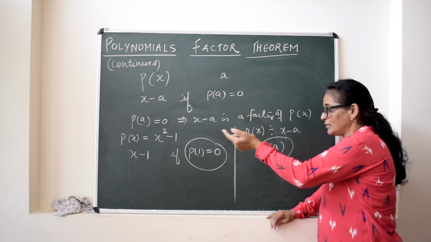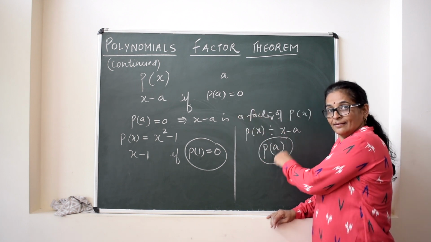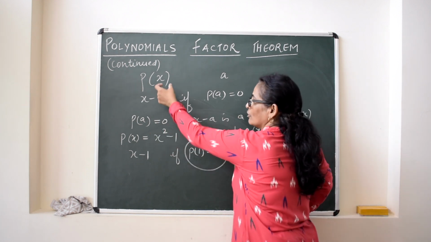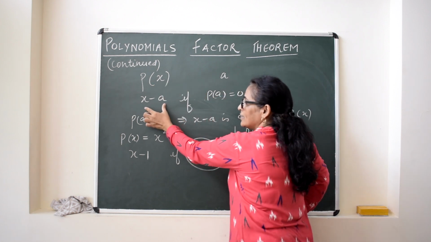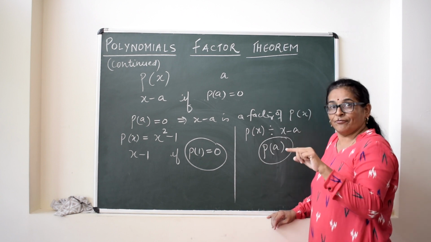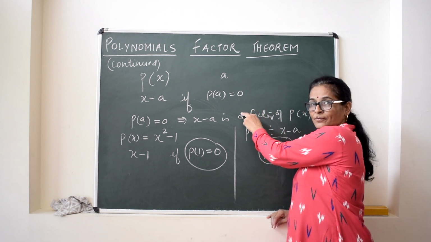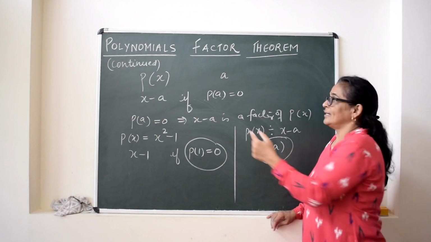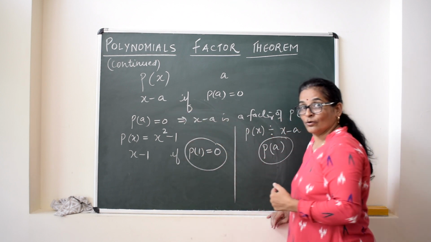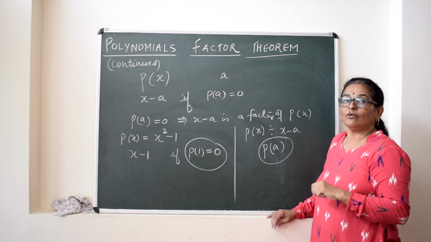So the factor theorem is based on this only: for any polynomial p of x, x minus a is a factor if p of a is 0, or if p of a is 0, then x minus a is a factor of the given polynomial p of x.